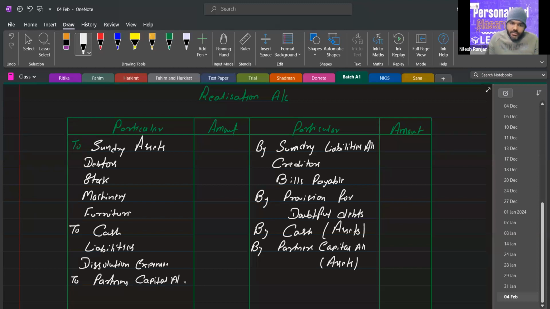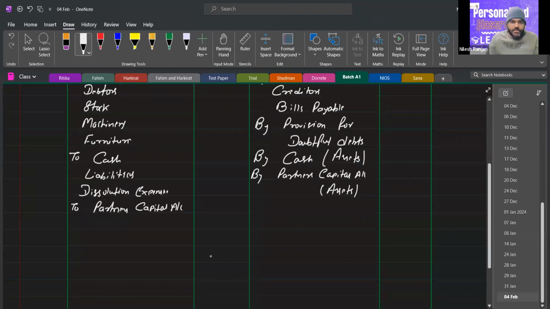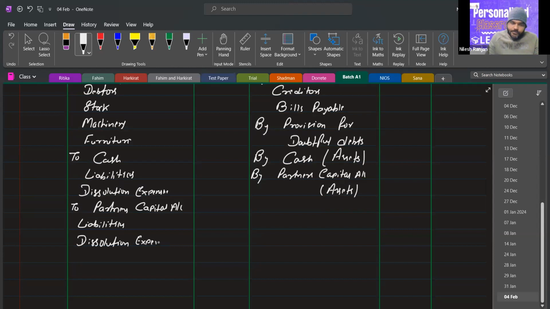Again, two things, liability or dissolution expenses. Tell me, are all these things clear? Yes, sir.